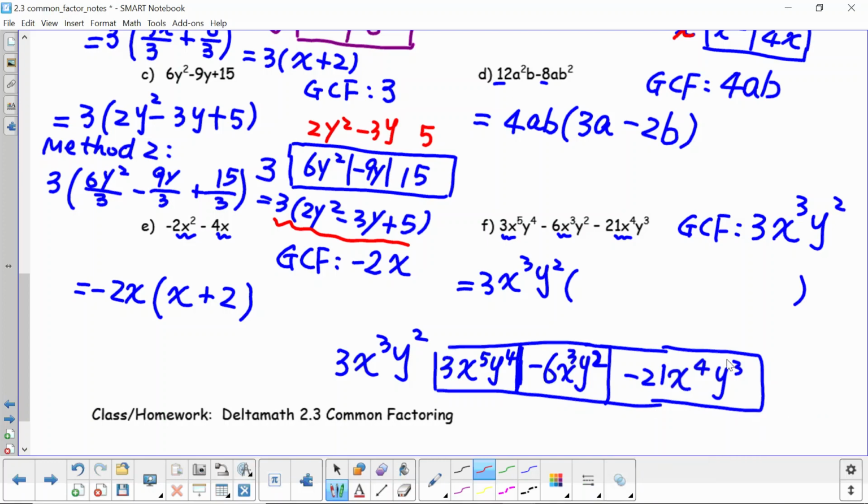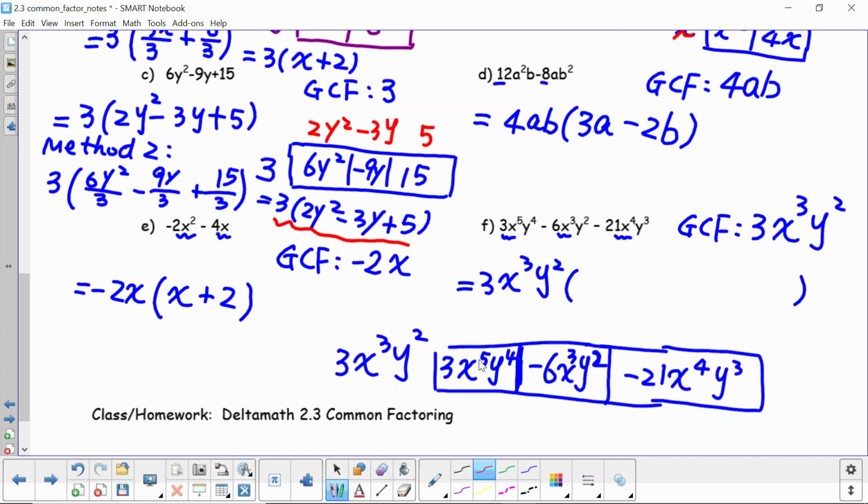So in order to find this side, we put the greatest common factor at the front of this 1 by 3 box. Then in order to have the area in each box, we need to find this side. Okay, one side is 3x cubed y squared. Then for the other side, we do the division.